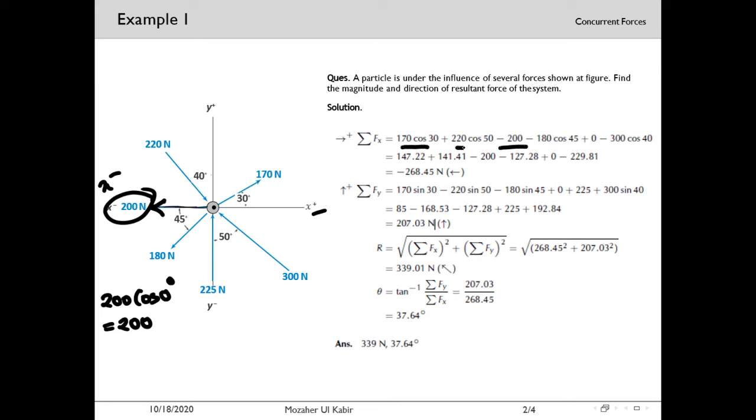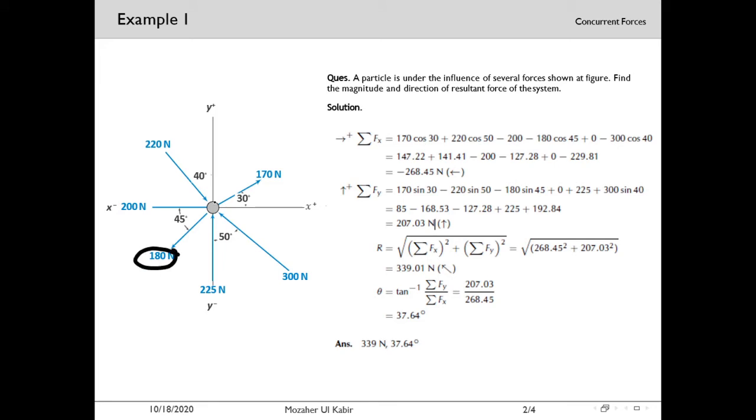So we have already got 3 force components. And now let's see the fourth one, which is 180 Newton. It is also acting away from the point, so it will also have two components, one in x direction and one in y direction. We can see the angle with the x-axis is given as 45 degrees.